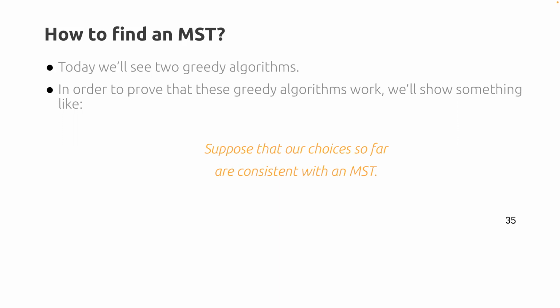So assume that all of the edges we have picked to be in our MST are part of a minimal spanning tree. Okay. Then the next choice you make will still be part of some minimal spanning tree. And that's how we're going to prove it, because the way all of the algorithms work is they pick an edge greedily. And then that's how they build up the tree.